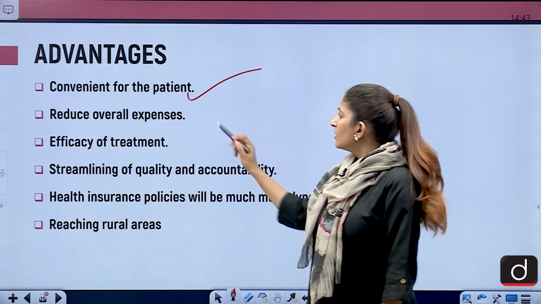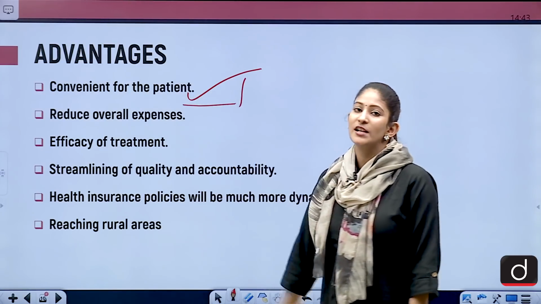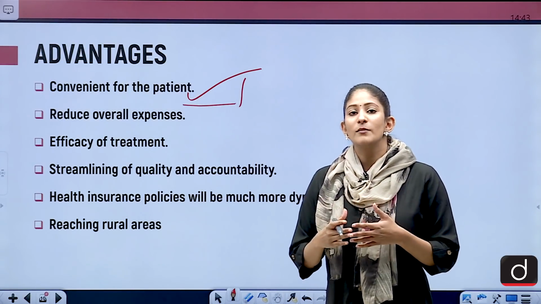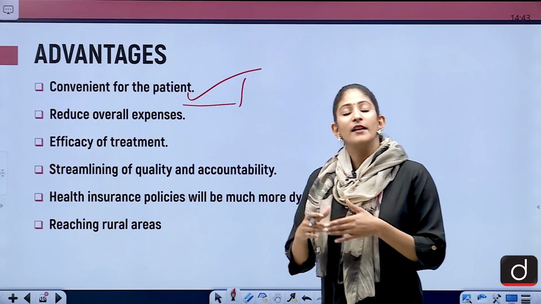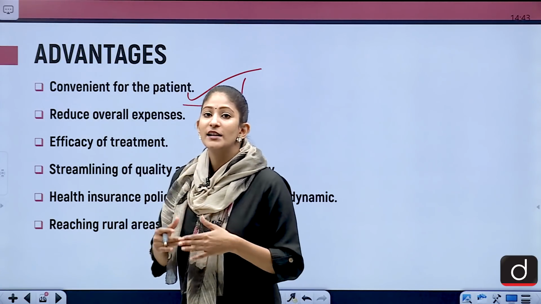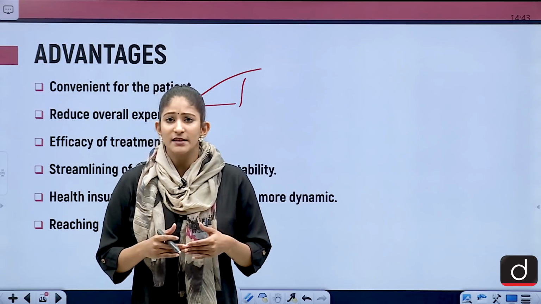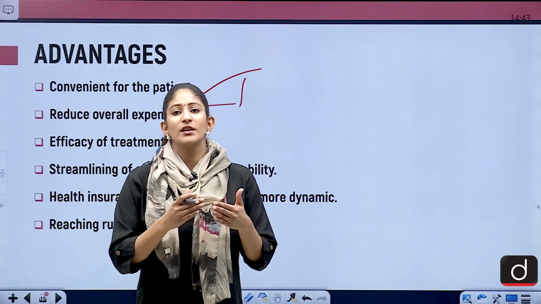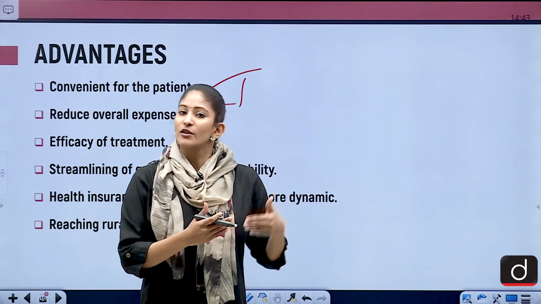With the National Digital Health Mission, the entire document will be stored, and because of that it will be very convenient and hassle-free for the patient to show the digital health records to the next doctor and so on.